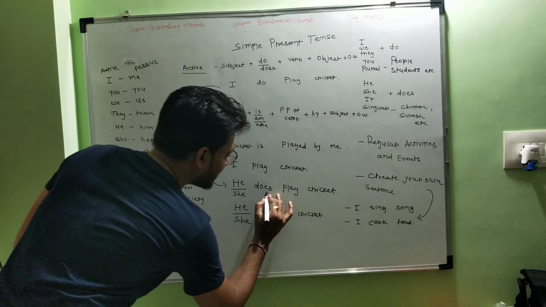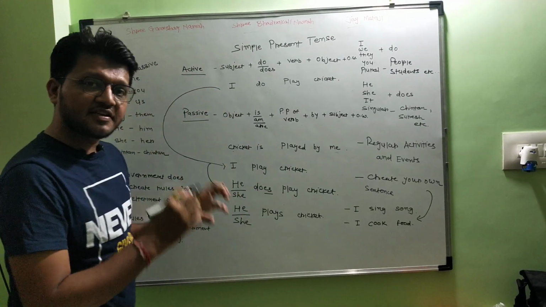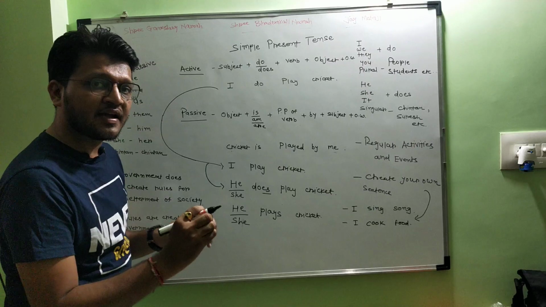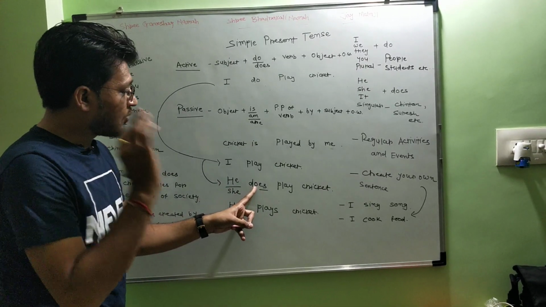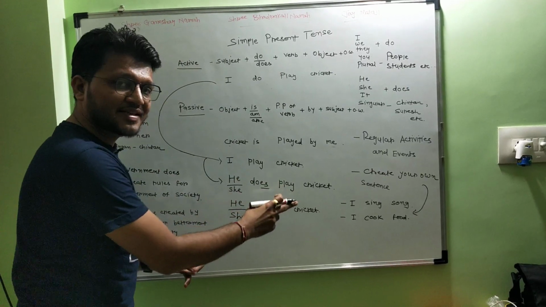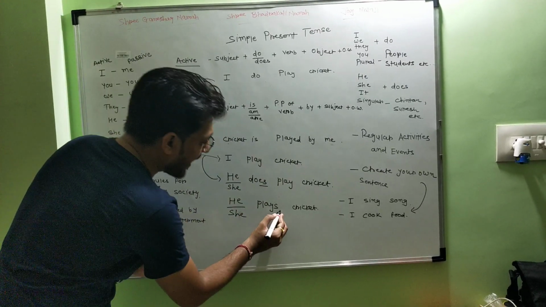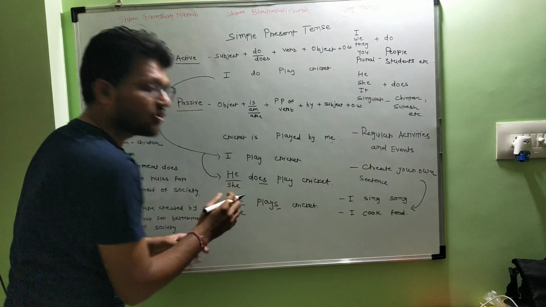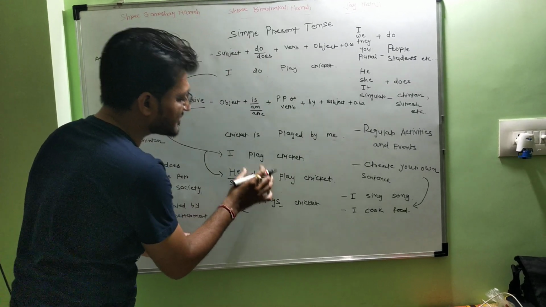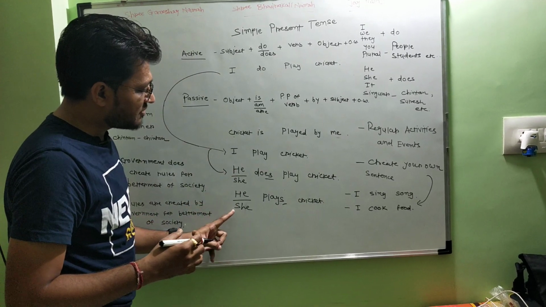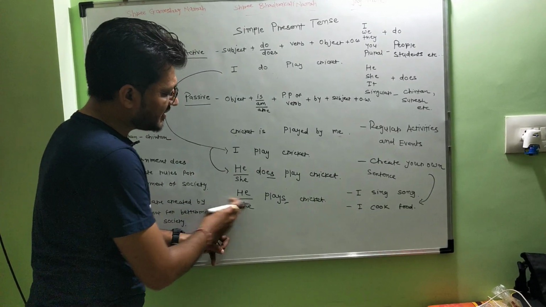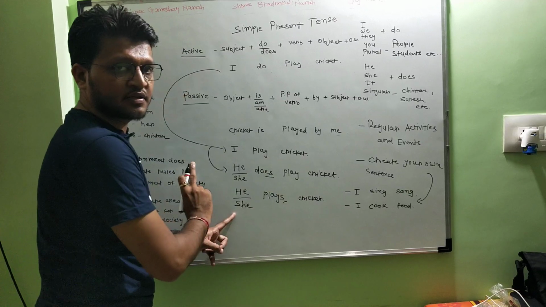The answer is yes. It means does has s or es. That's why whenever I remove this word from my sentence, I need to place s with my verb, because I have removed something which contained s or es. That's why the same sentence will be converted into: He or she plays cricket, right?